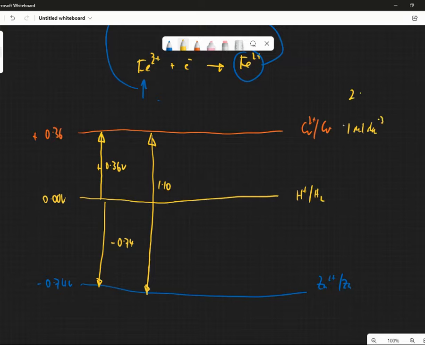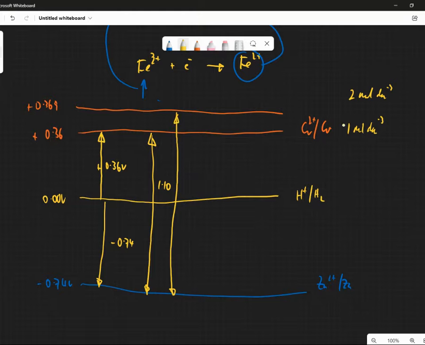Now if I did 2 moles per decimeter cubed, the electrode potential of the copper increases. So this goes to 0.369. And therefore, now the difference between this new copper system and the zinc is greater, isn't it? It's 1.019 volts. Does that make sense? Does that visualization make sense?